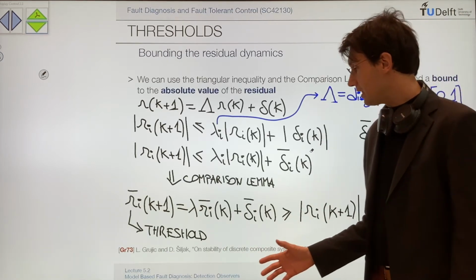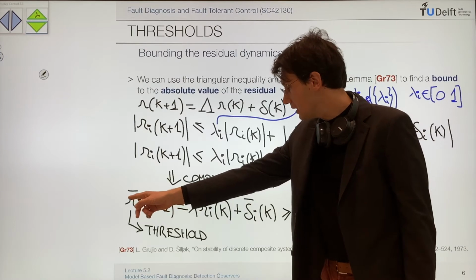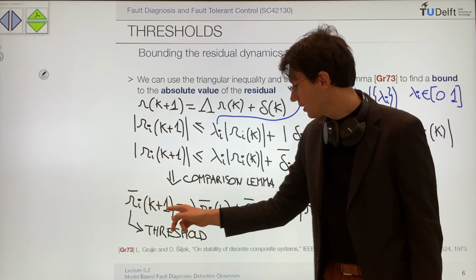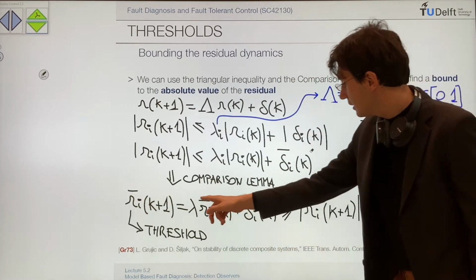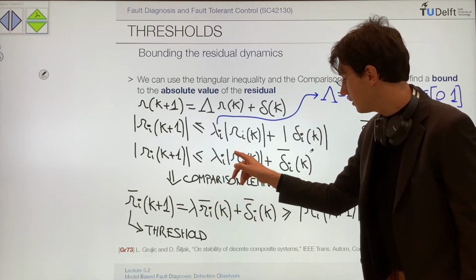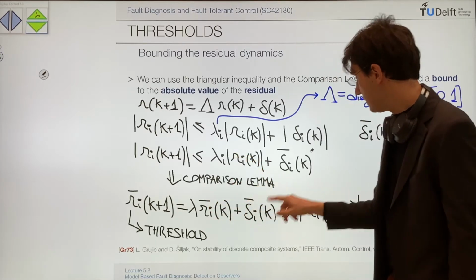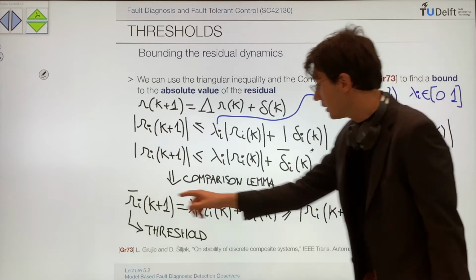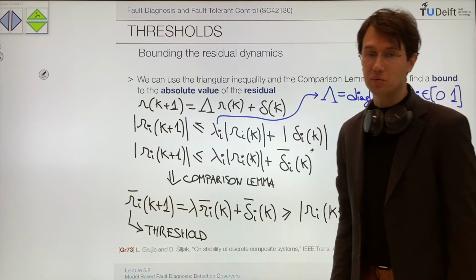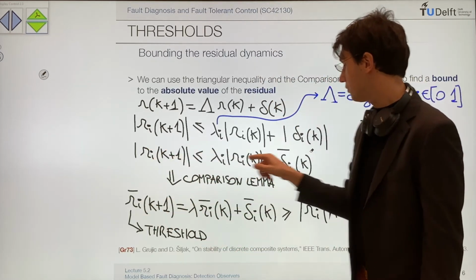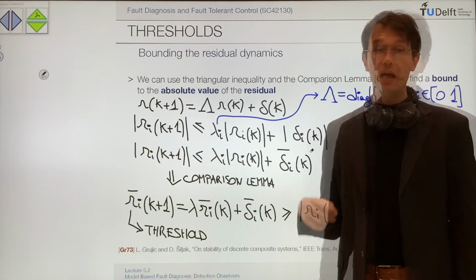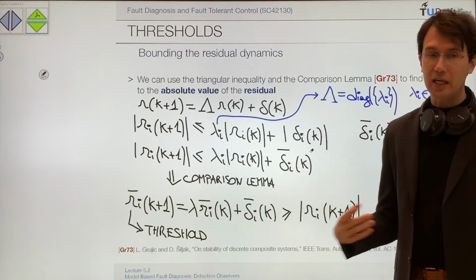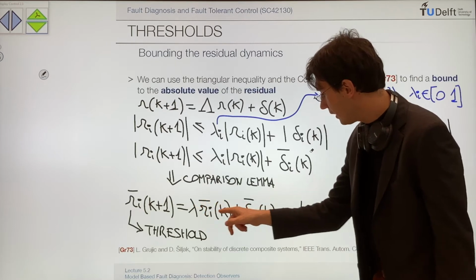Because indeed, at step 1, what you have is this term that we said is bigger than this term, plus this term, they are equal. So the solution at time instant 1 is bigger than the solution of the original equation at time 1. If we repeat this at time 2, we get the same. So we start with something here that is bigger.